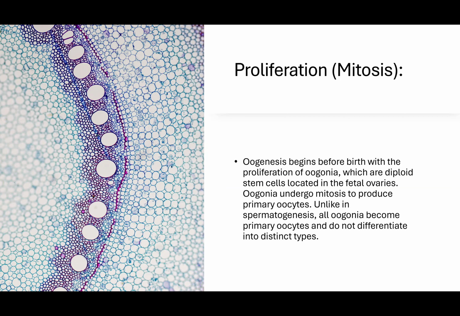That means no oogonia are remaining, none are replenished. Therefore, there's only a finite amount of eggs that a woman can produce, because her system is not going to replenish anything. It's going to send all of them through. So that's what's happening there.